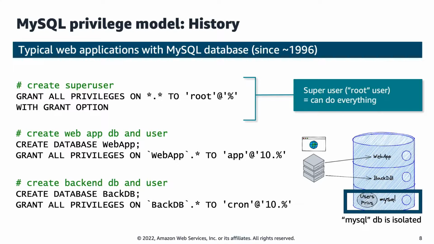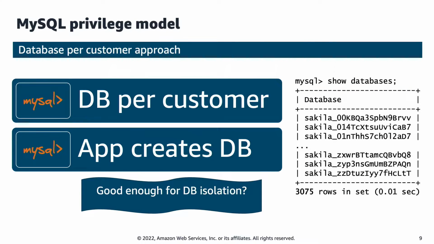But then more complex architectures emerged, and I have been seeing lots of a new approach, a multi-tenant approach. Again, this is all historical stuff from maybe 2010, where the application needs to have multi-tenant databases on a single MySQL server.